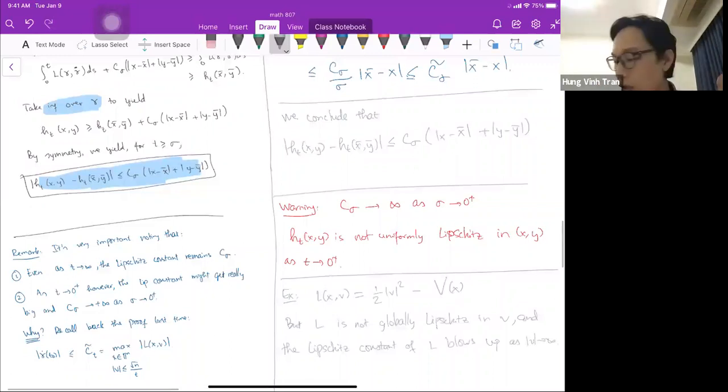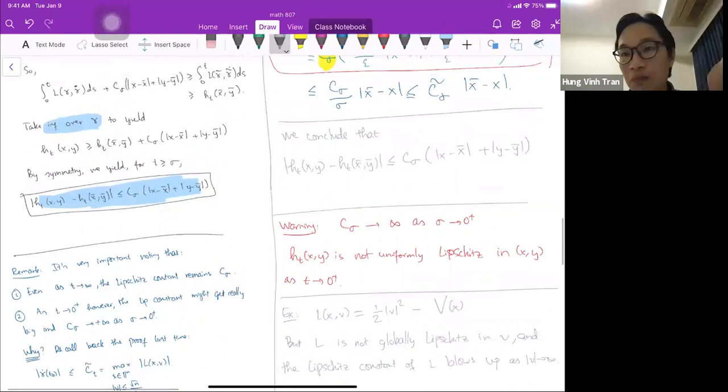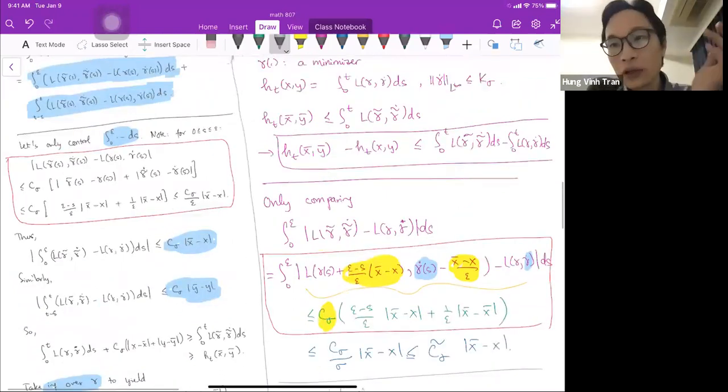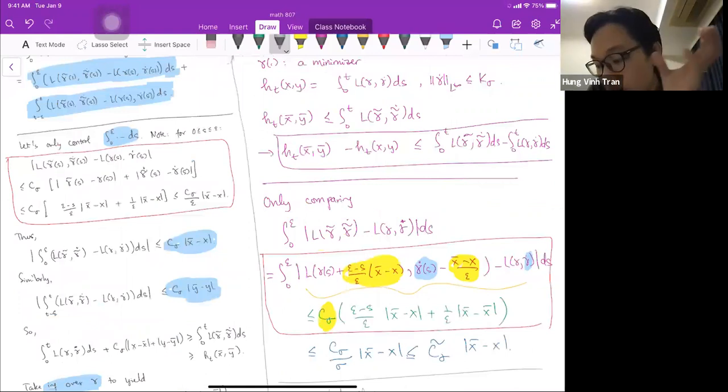So you see that if I'm not bounding the Lipschitz constant carefully, I might face issues. All those things are nice, but because the Lipschitz constant blows up, I might not have this bound.